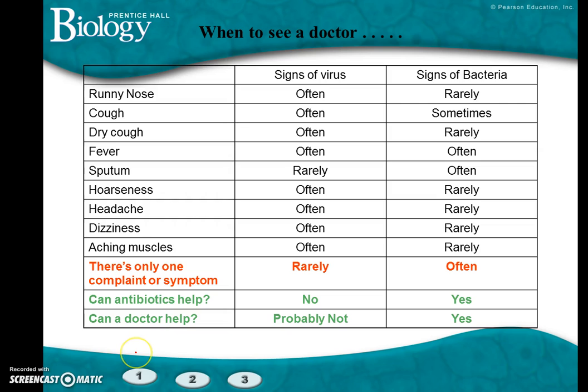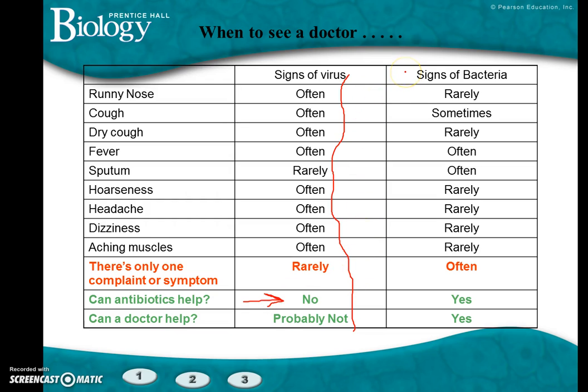How do I know if I should go to the doctor? Well, basically, if you have a viral infection, you're going to have a whole bunch of symptoms. Since this is viral, antibiotics will not help to make it go away. So there's not a real point in going to your doctor because there's not an antibiotic that's really going to help you.